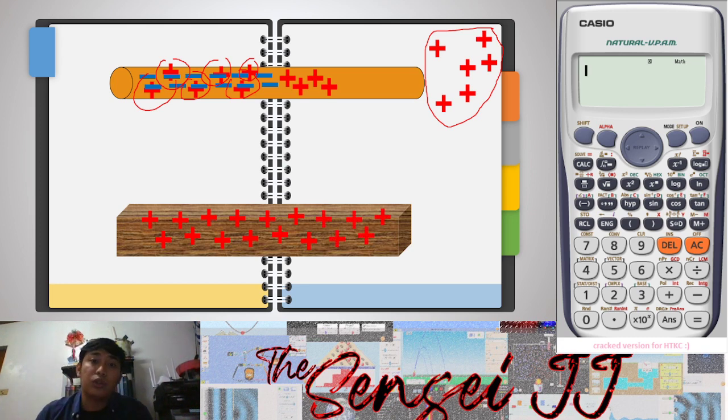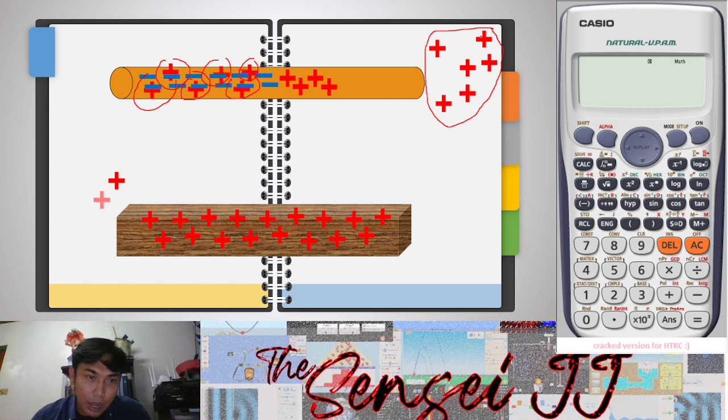So, sir, does our wood have a charge? It has electrical charge, yes, but it won't be a good conductor for the reason that our insulator has a missing electron or electrons.